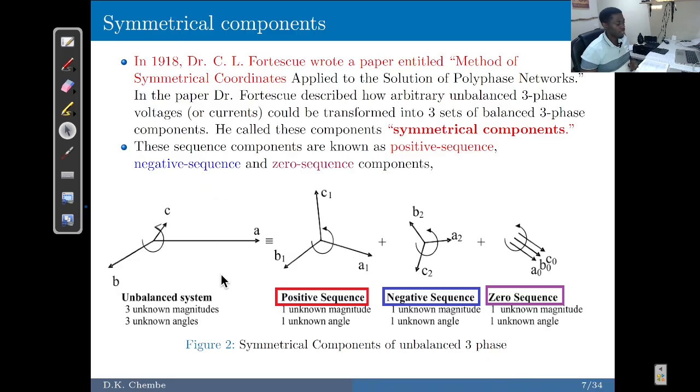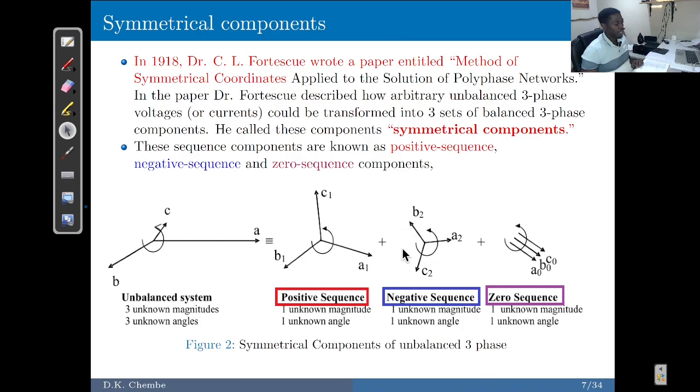If you look at these sequences, you have the positive sequence where you have phase A1 having 120 degrees between phase A1 and phase C1, because we go anti-clockwise, and then 240 degrees between A1 and B1, and so forth.